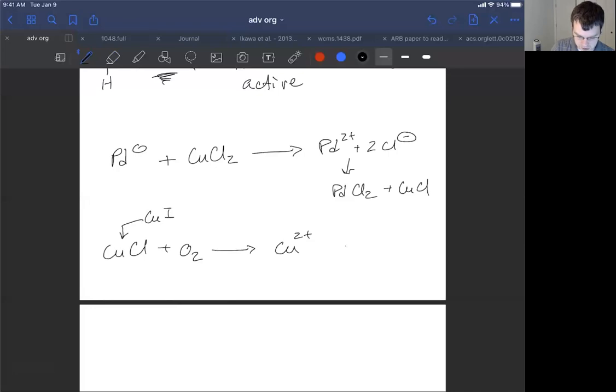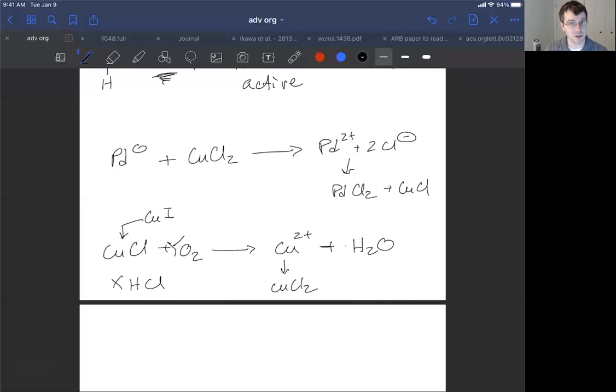So we probably need some HCl in there to make copper 2 chloride plus H2O. I'm going to put X and Y. We need some amount of oxygen and HCl, but that's going to get us from a copper 1 chloride to a copper 2 chloride. It's a very easy reaction to pull off.